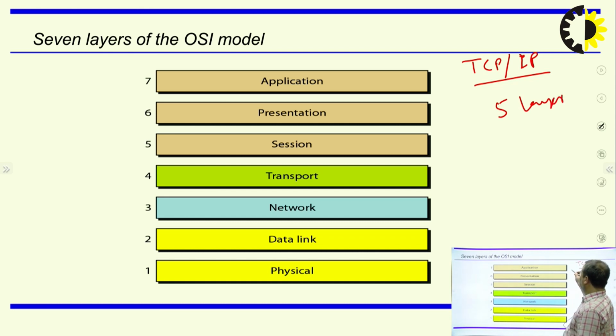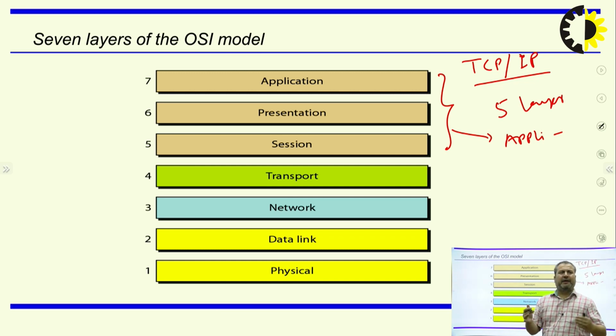The top 3 layers are integrated into 1 layer, called the application layer. The functionality of all these 3 layers is integrated into 1 layer in TCP/IP, which is the real one that is implemented.